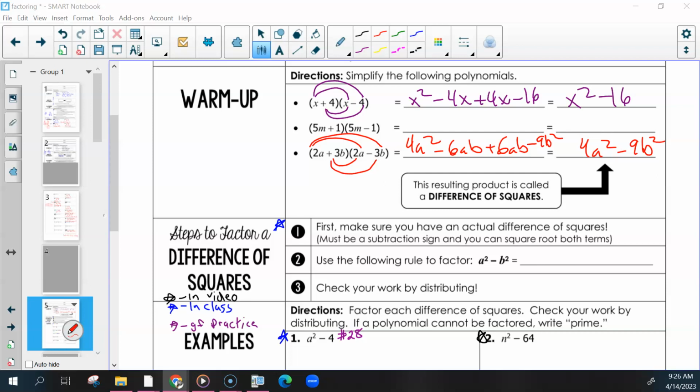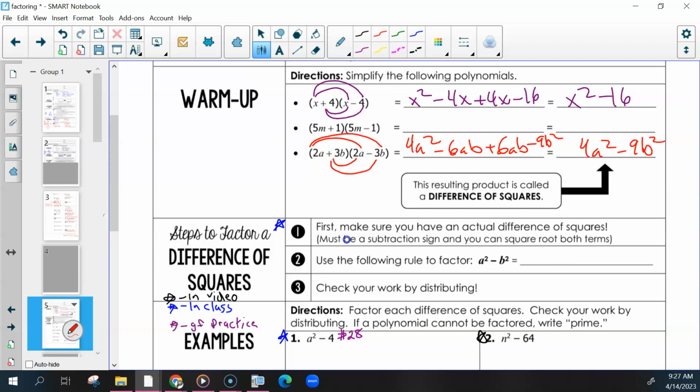So that kind of shows you the different types of problems we're going to be dealing with. Okay. So the steps to factoring difference of squares: make sure you actually have difference of squares, that there's a minus in between them, that the numbers are perfect squares, 4, 9, 16, 25, 36, 49, 64, all of those things.